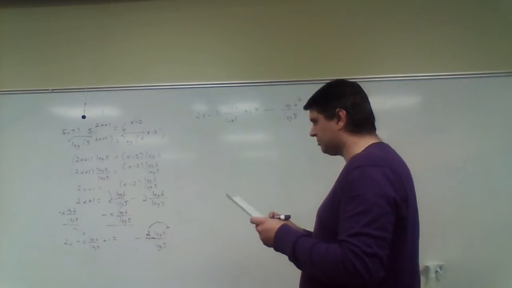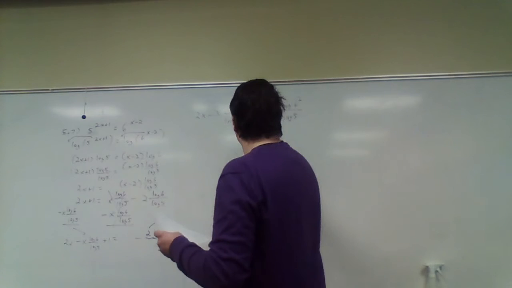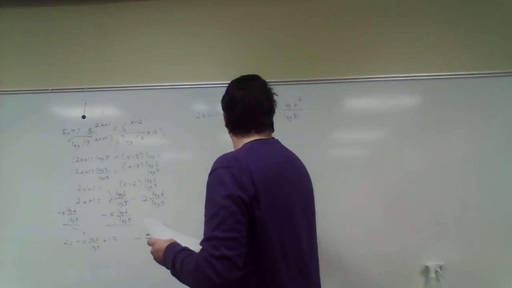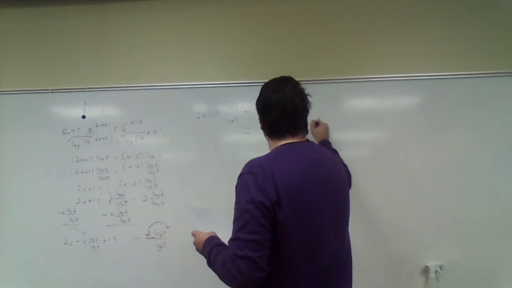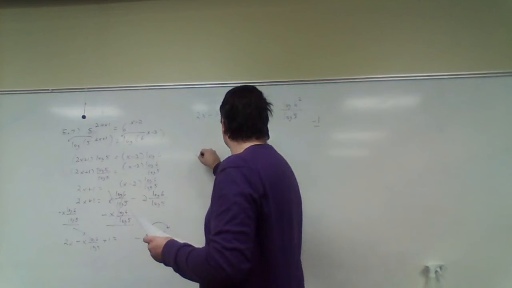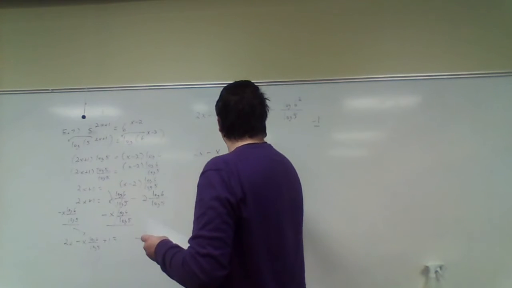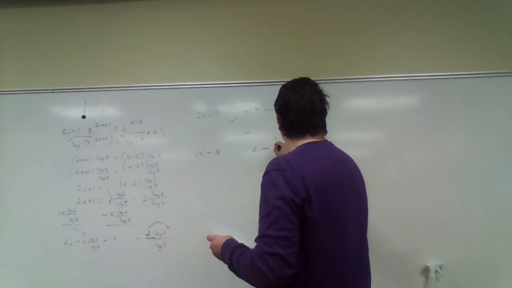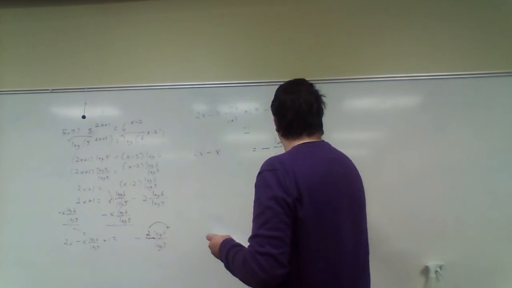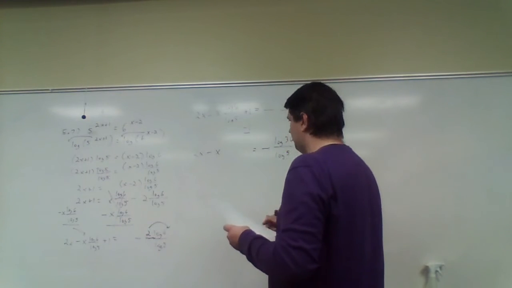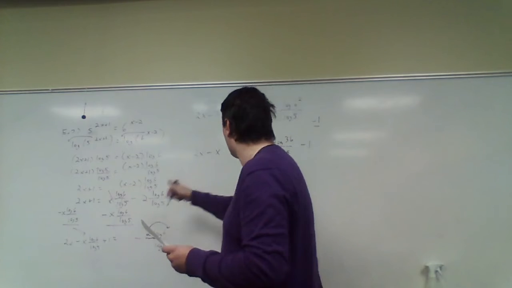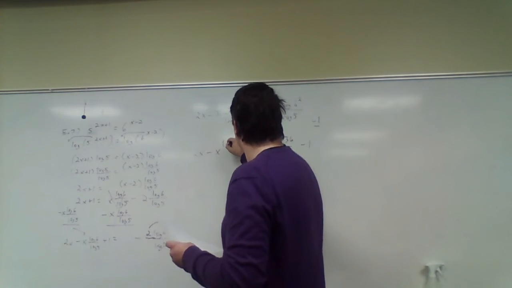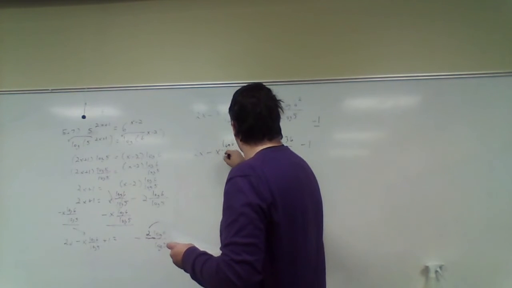And then I'm going to go ahead and subtract this 1 as well. So 2x minus x log 6 over log 5 equals negative log of 36 over log of 5 minus 1.